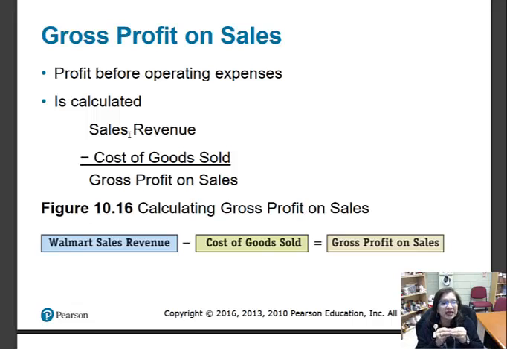But this is just finding out how much money we made on, let's say, sales, and not just on consulting or anything else. So you have your sales revenue, then you minus the cost of goods sold, and you should see how much your gross profit is on sales. The reason that we're doing that is because we want to see, if we're buying other things, how much of our money is coming from what we're selling.